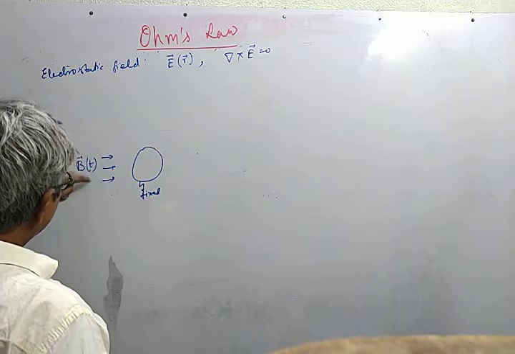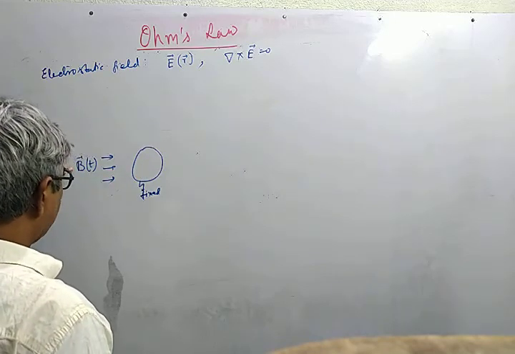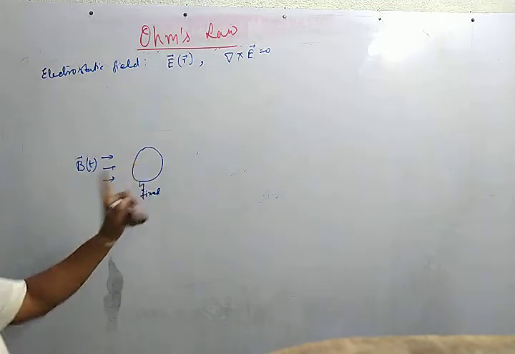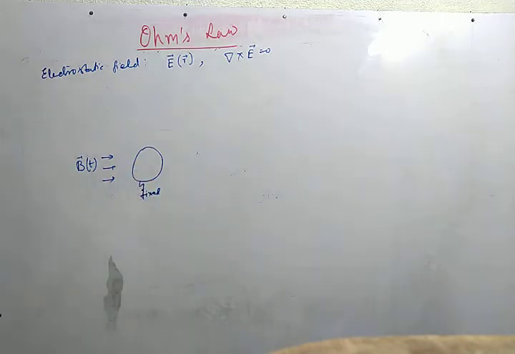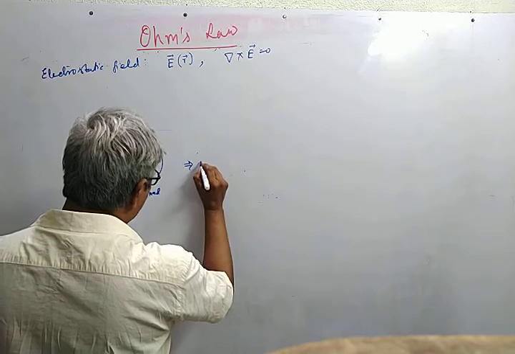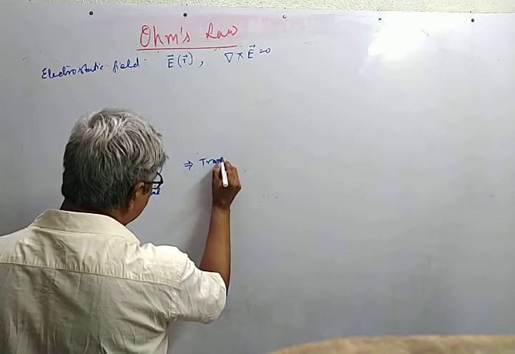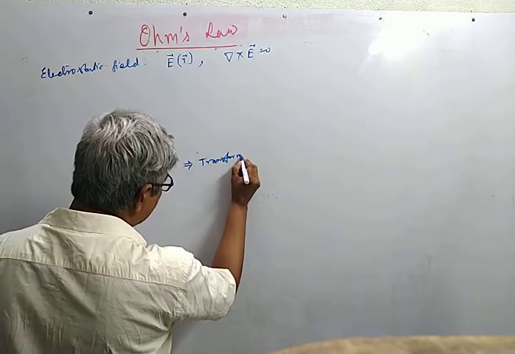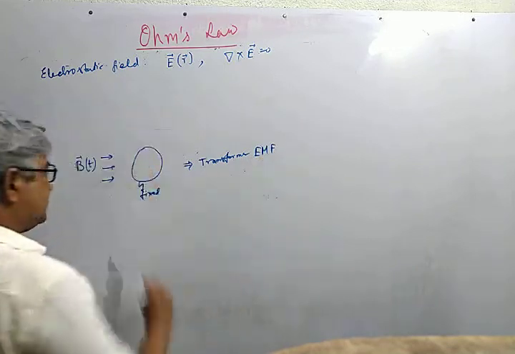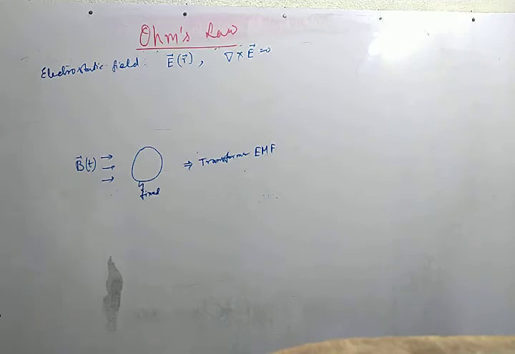So this changing, time dependent magnetic field induces some current, and so to say an electric field, in the fixed circuit. Such an induced EMF is called transformer EMF, which arises due to a time dependent magnetic field.